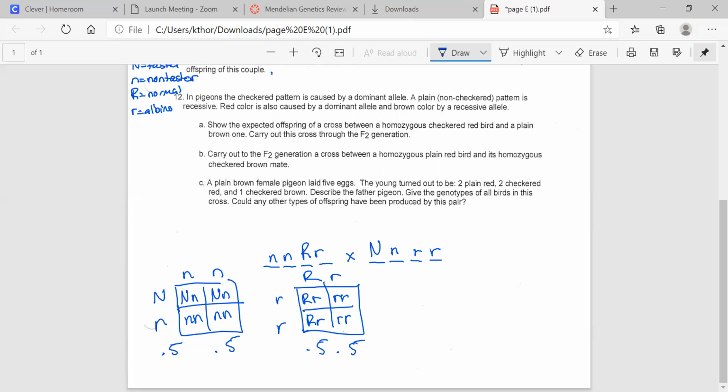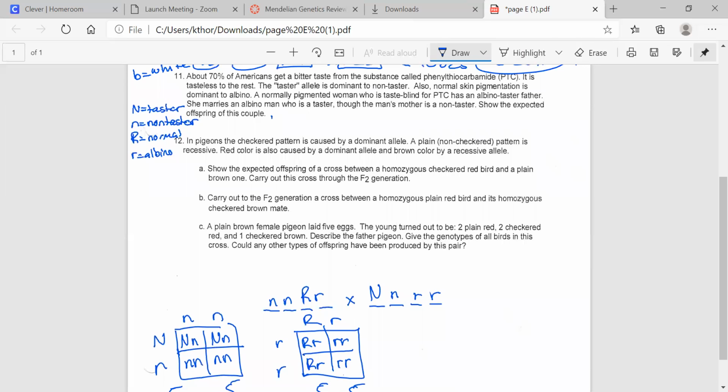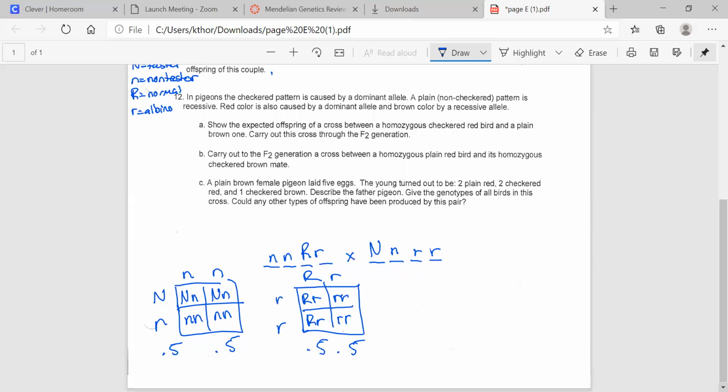Okay, so show the expected offspring. All right, so there's a 25% chance that they would have heterozygous, there's a 25% chance that they would have homozygous recessive, and so on.